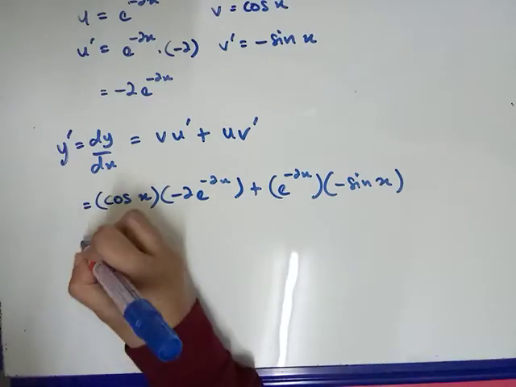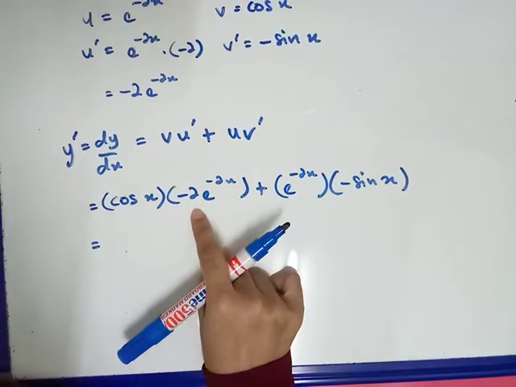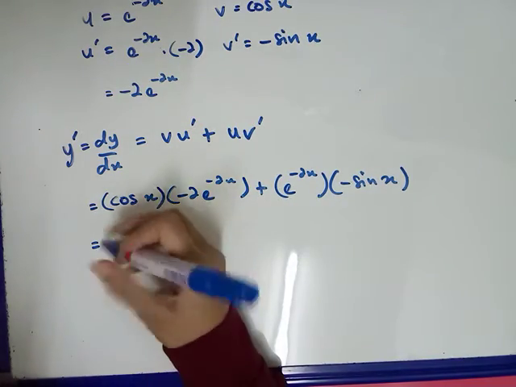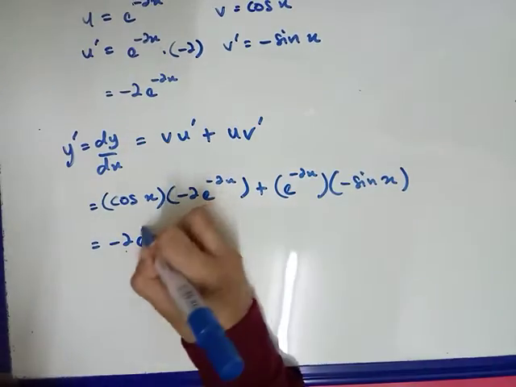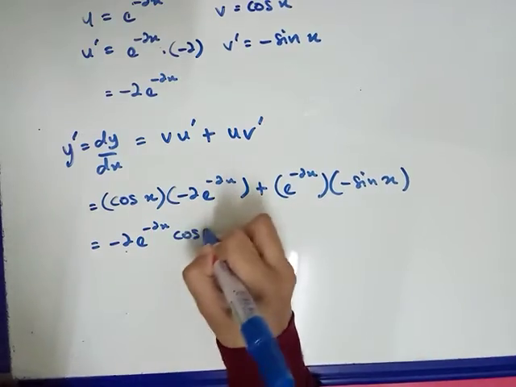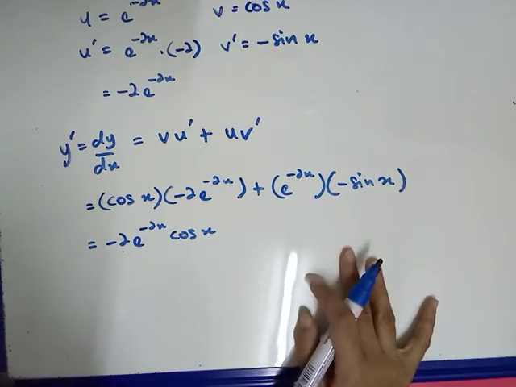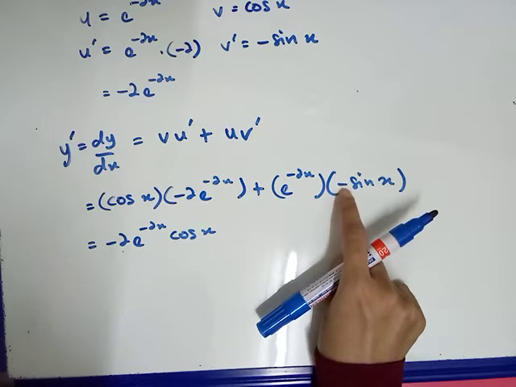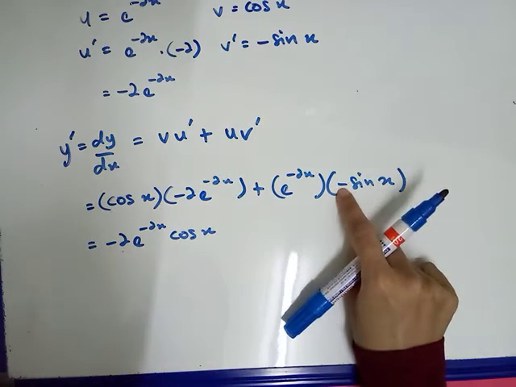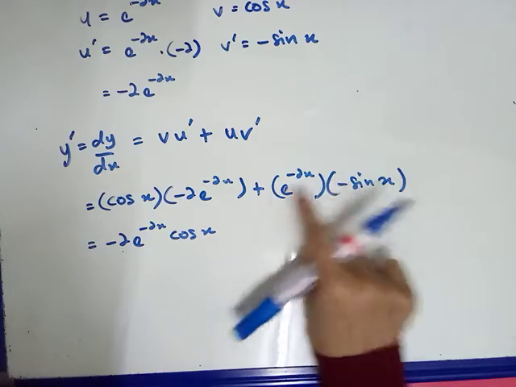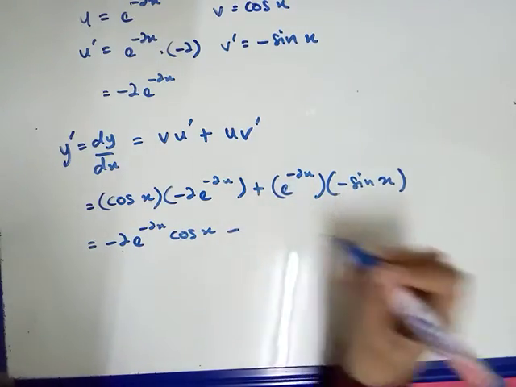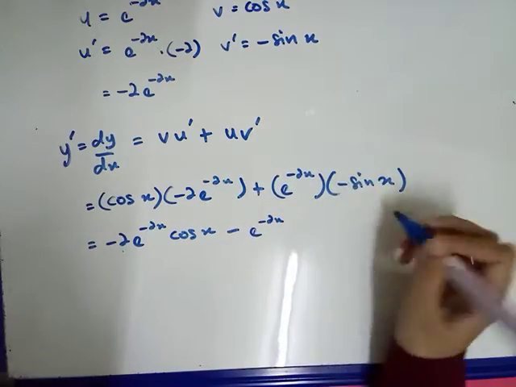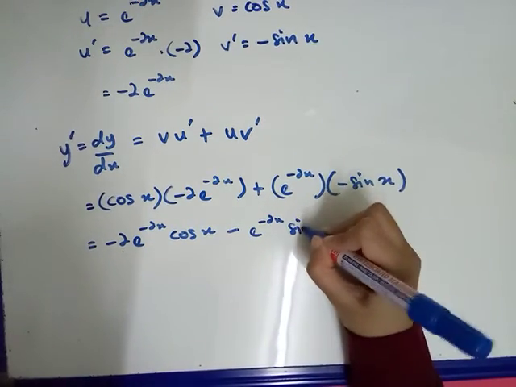Okay, and then negative 2 exponent times cos x, it should be negative 2 exponent cos x. Okay, and then positive negative, this is not minus, this is negative for sin x, so positive negative, it should be negative exponent times sin x, it should be exponent sin x.